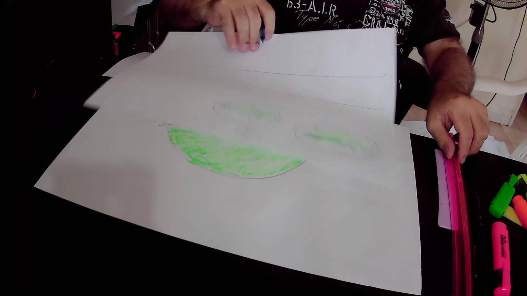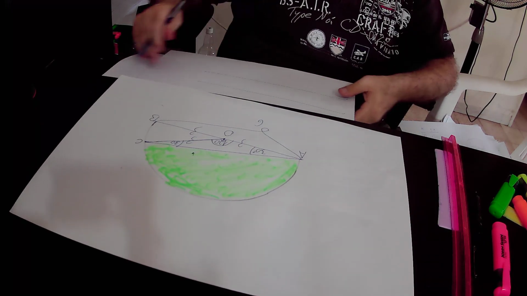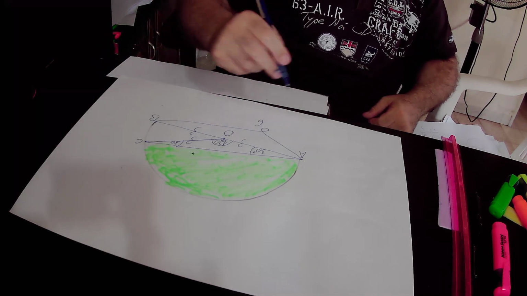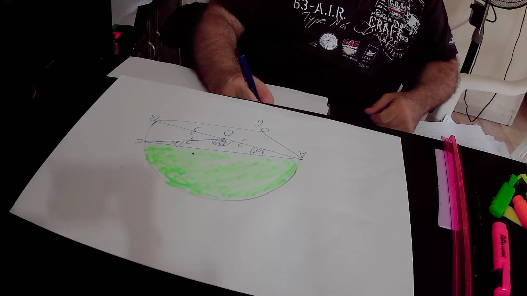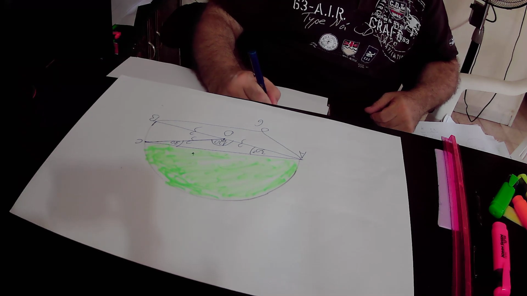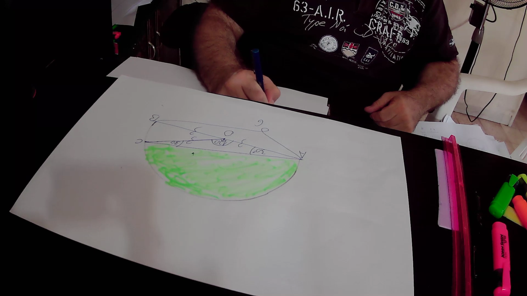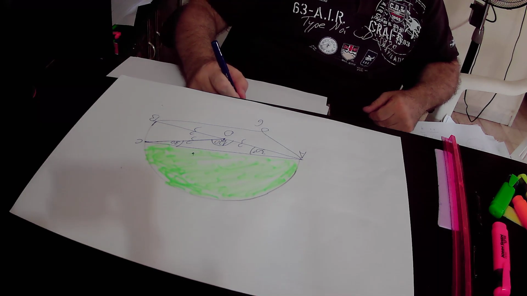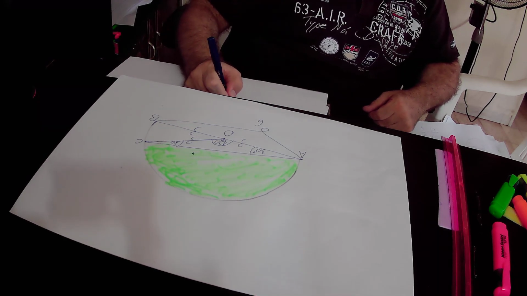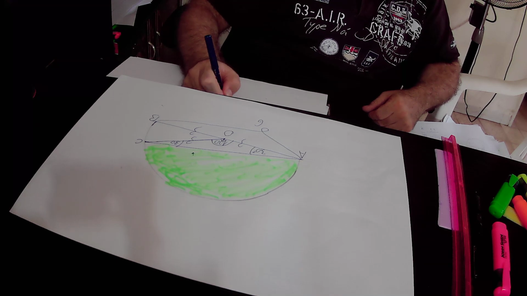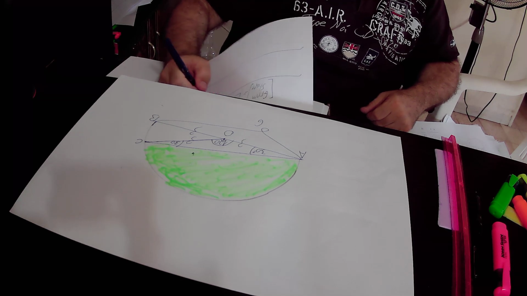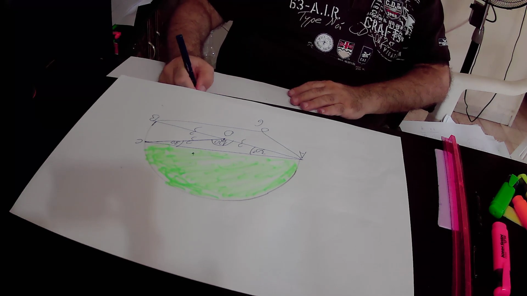But what is actually the area of the green shape? For the moment it is very easy to see that the area of this green shape equals the area of sector AOC minus the area of triangle AOC.